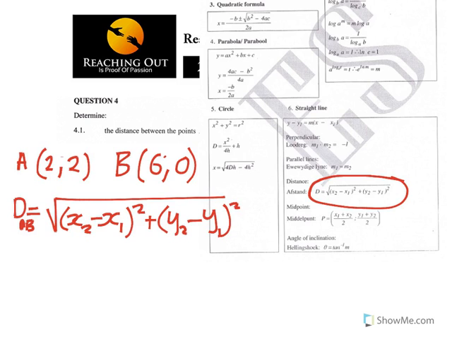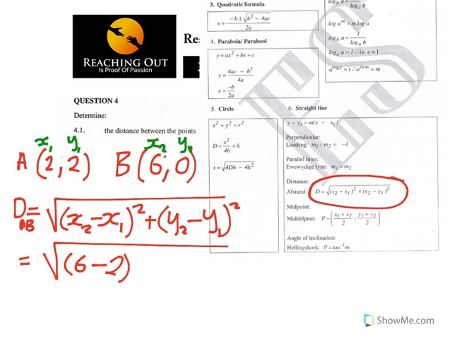The simple thing you need to do is to make this part x1, the second one y1, and then x2, y2. So the distance is equal to the square root of x2 which is 6 minus 2 squared plus y2 which is 0 minus 2 squared. Now using our calculator, in this case we have to punch the calculator as it is.